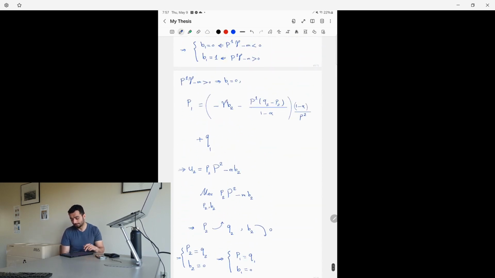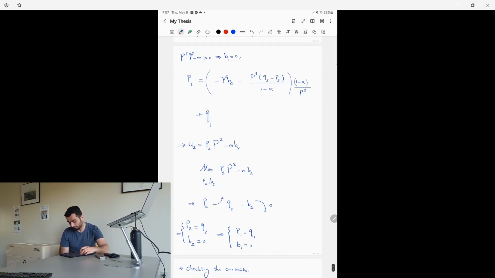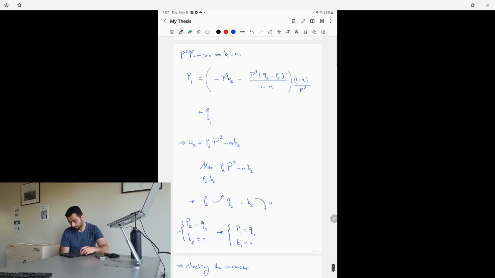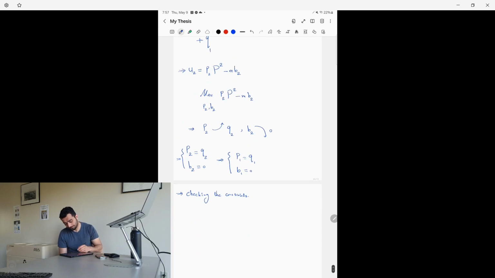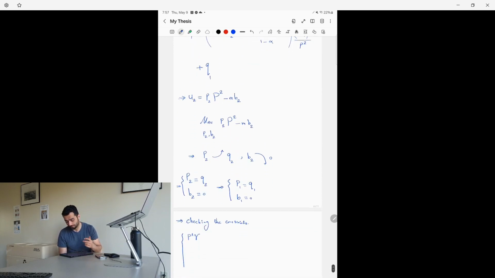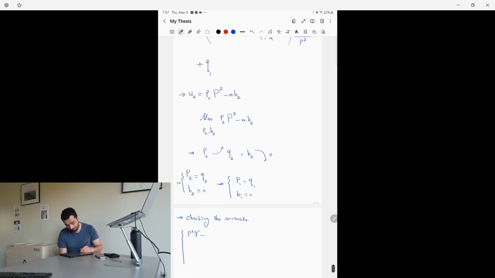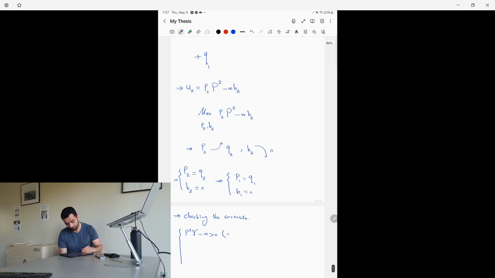Checking the constraints. Okay, P1. That was a condition. P1 gamma minus M should be 0. Okay, that's an assumption, which we assume holds.